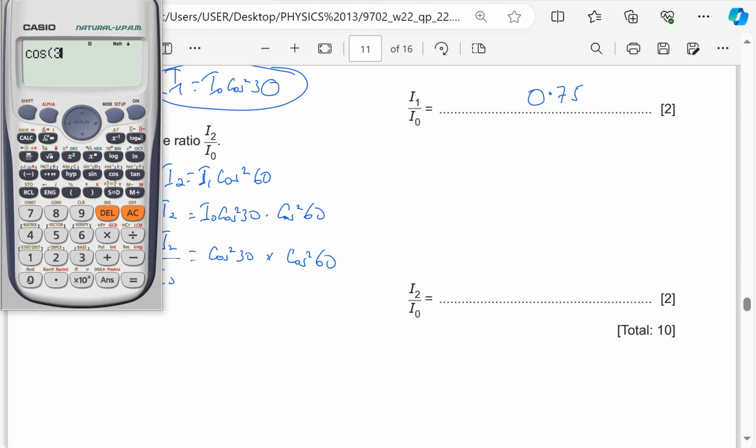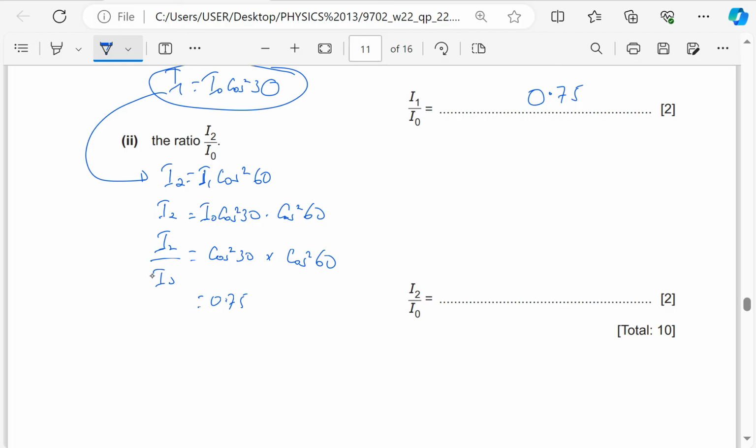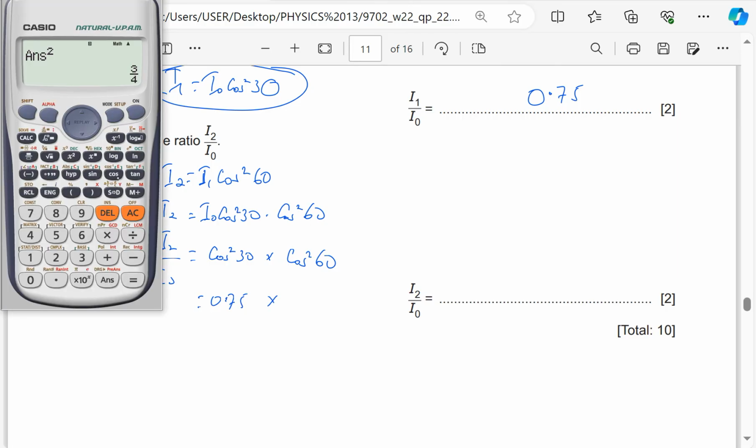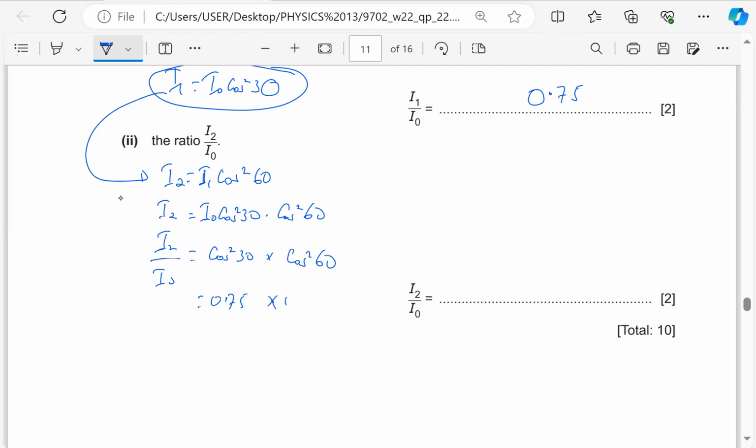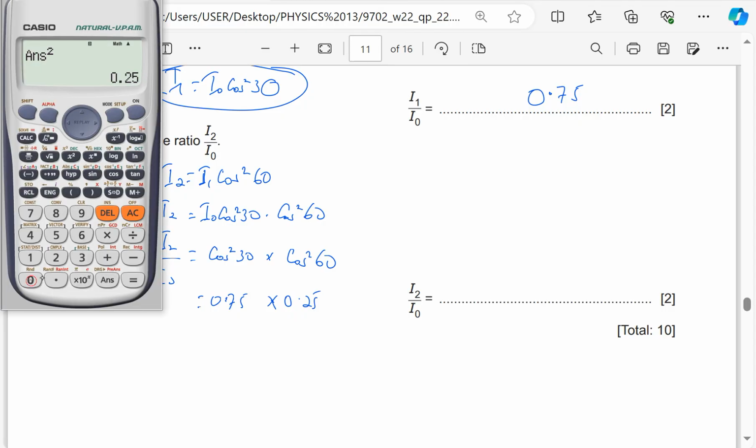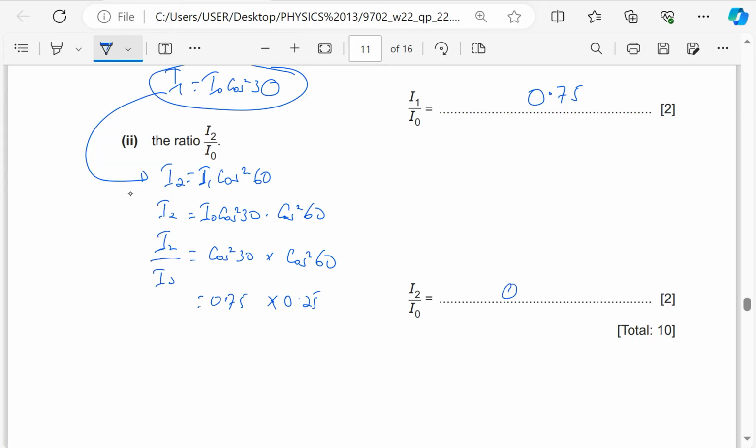Cos of 30 squared is 0.75, times cos of 60 squared, which is 0.25. So when we multiply 0.75 times 0.25, this gives me 0.1875 or 0.19.